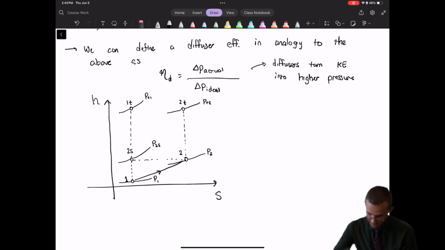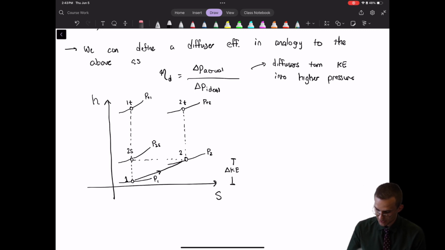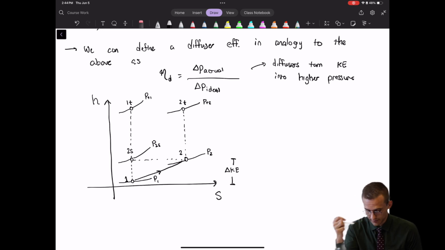Generally you can see that we're getting the same change in kinetic energy between state 1 and 2 and state 2 and 2S, but we're getting a bigger change in pressure between 1 and 2S as opposed to 1 and 2. So we're spending the same amount of kinetic energy, but getting less pressure change payoff.